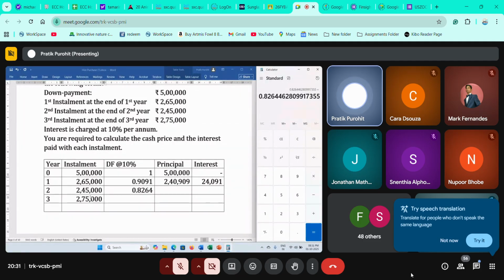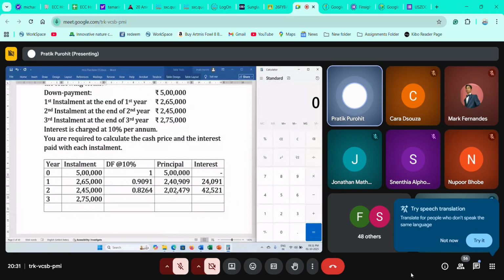You get 2 lakh 02,479, correct? Then subtract the installment 245, and you get 42,521. So 42,521 becomes your interest.